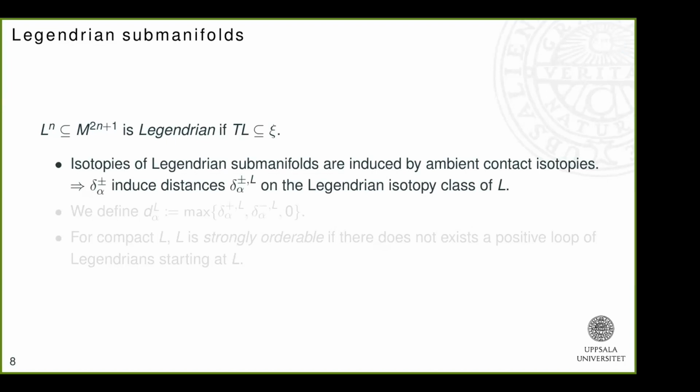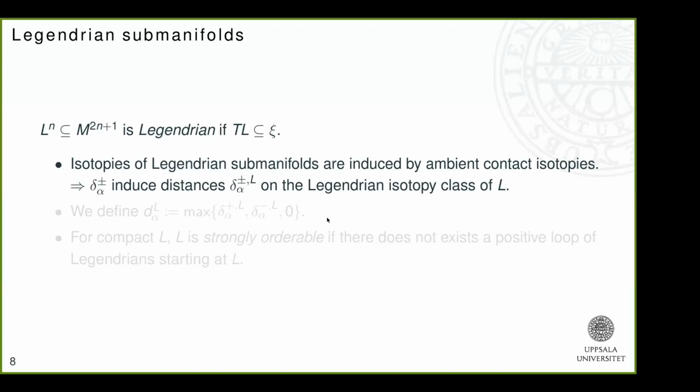Namely, if we take two Legendrians, and the contact isotopy which moves one to the other, we can take its Hamiltonian, restrict it to the underlying Legendrian isotopy, and measure the energy using this restriction.